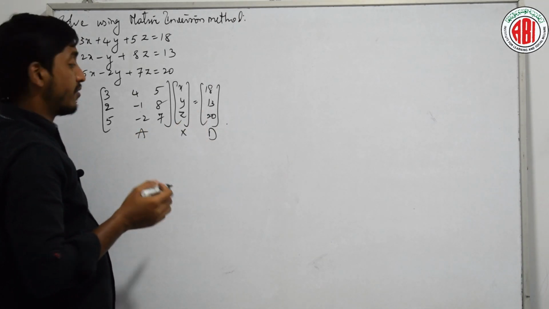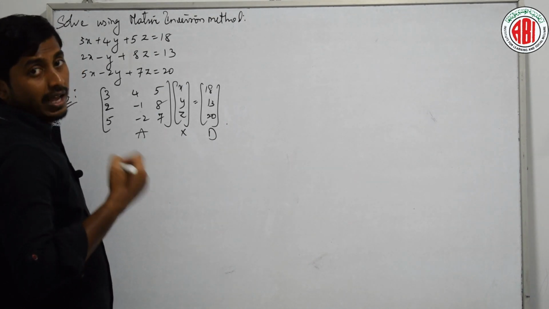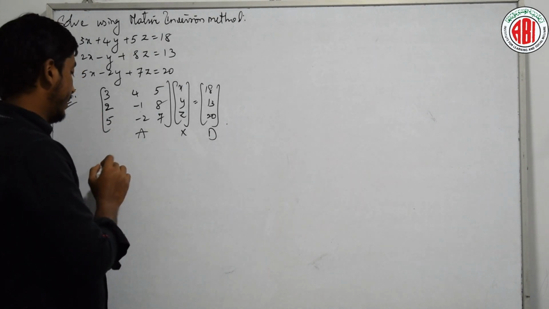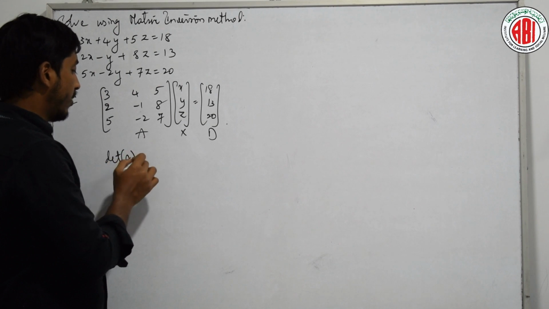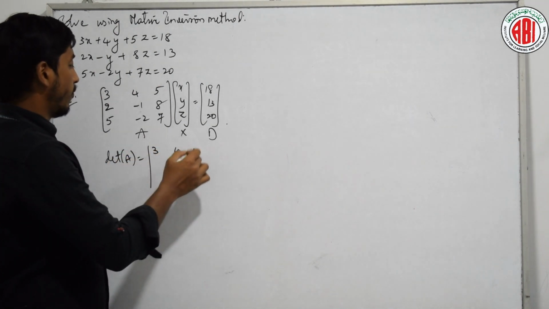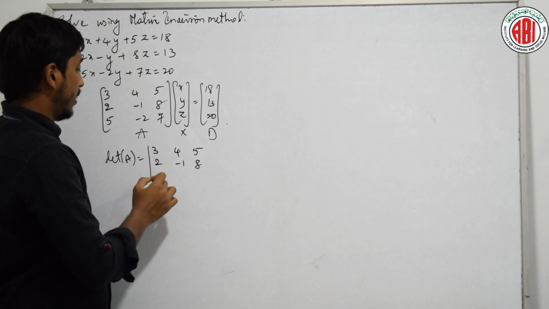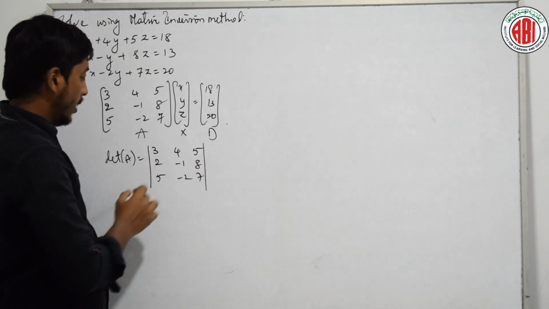What is the first thing I have to do? In order to find A inverse, I have to find det first. That is, determinant of A is 3, 4, 5, 2, minus 1, 8, 5, minus 2, 7.